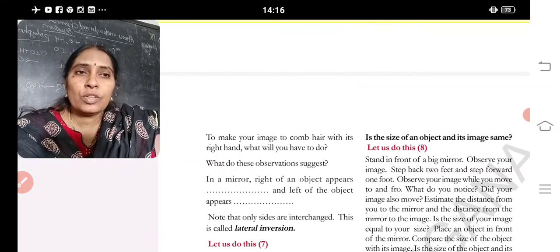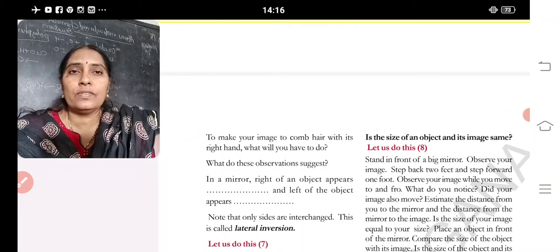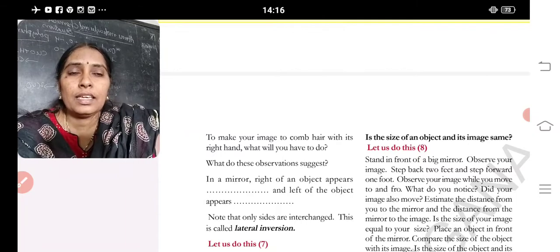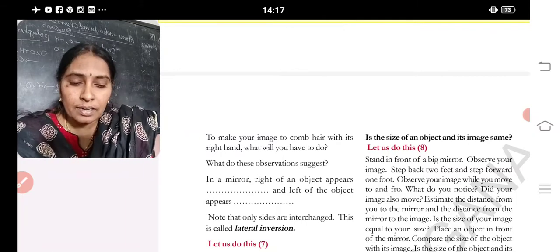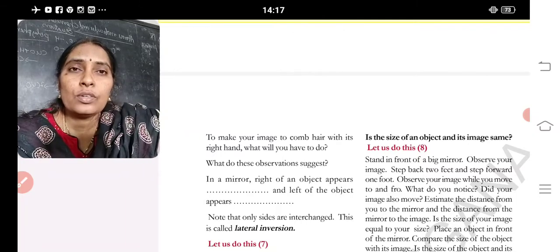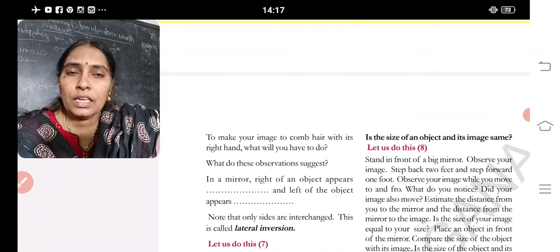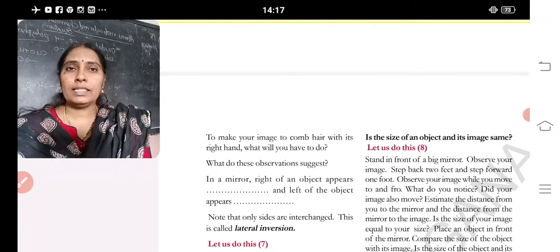What do the observations suggest? In a mirror, the right of an object appears to be left, and the left of an object appears to be right. This type of image is said to be a lateral inversion. Okay, children. What we have discussed today is just the laws of reflection: the incident ray, reflected ray, and the normal lie on the same plane.